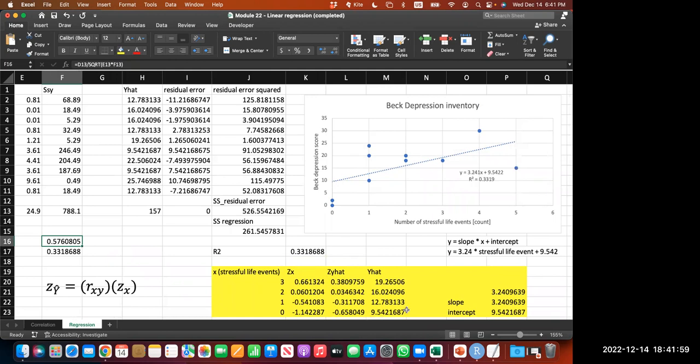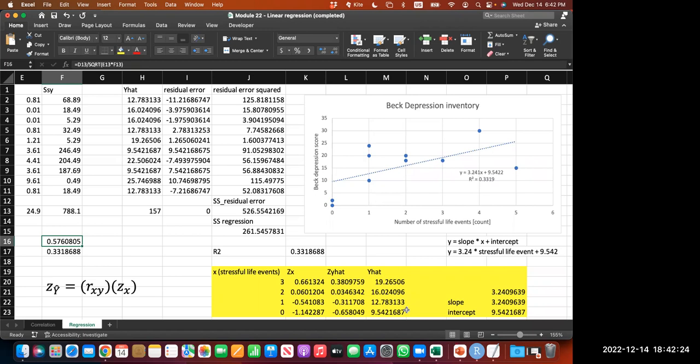we utilized this knowledge, this correlation coefficient, to derive from standardized x values. And we have taken arbitrarily 3, 2, 1, and 0. So keep in mind, we're looking at Beck Depression score as a function of number of stressful life events. So we took 3, 2, 1, and 0 stressful life events.